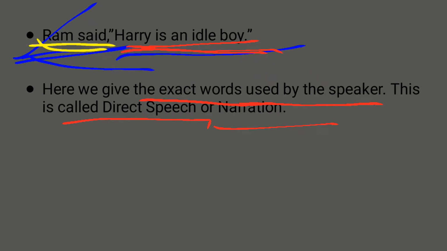Here I have given the exact words used by the speaker. I think it's very clear to you.